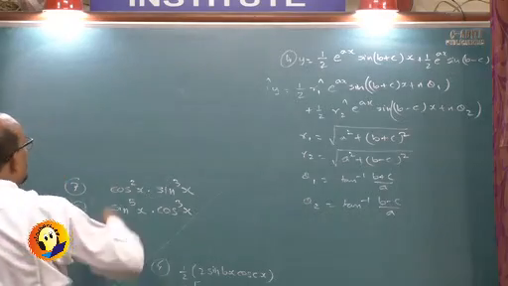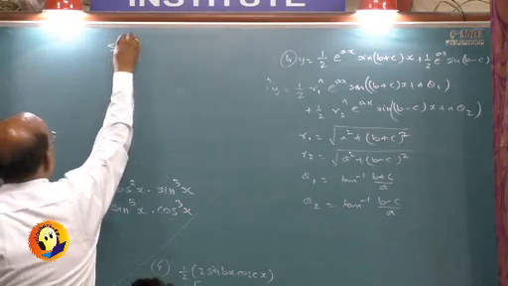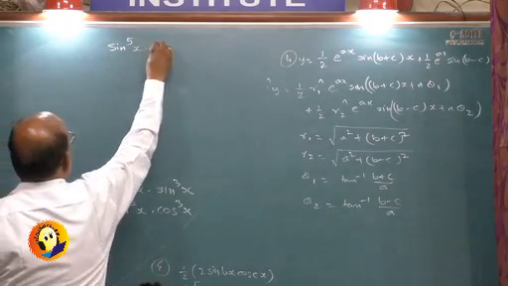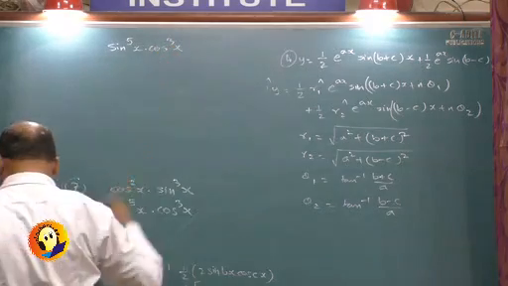For the eighth one, it is given as sine raised to 5x into cos cube x.